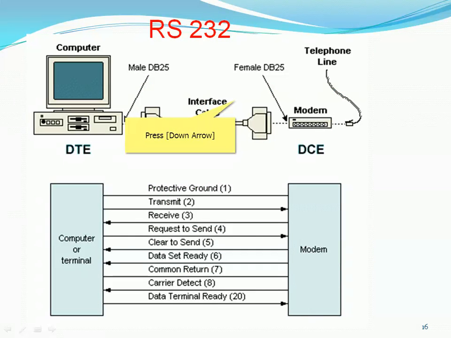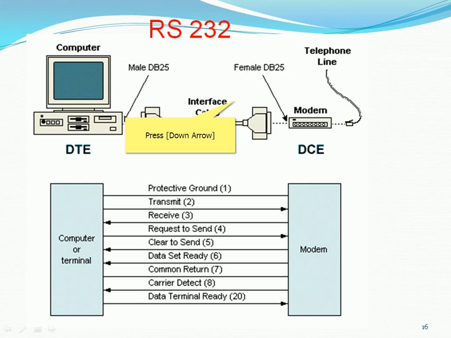One such example is RS-232, standardized by the IEEE, right? So that is a computer, and this is a master or transmitter. There is a modem, which is a receiver or slave. In between these two there is a wired connection through the RS-232 bus.